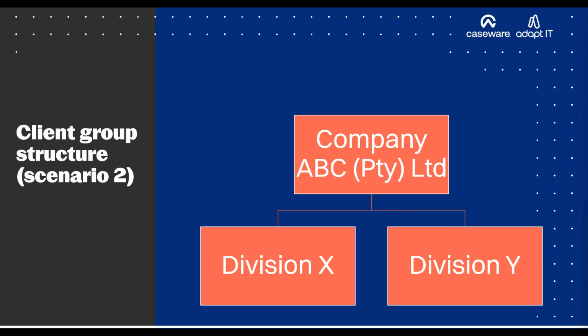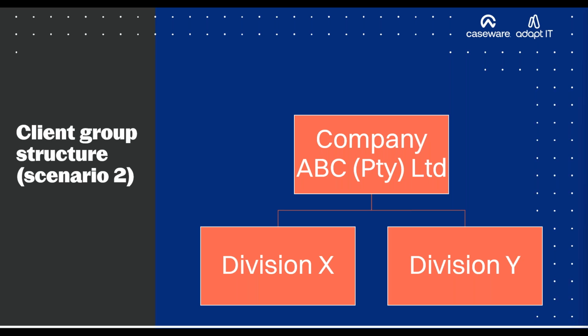Scenario 2 is where I have a company, in this case company ABC, Pty Limited, with 2 divisions. So the company's results are ultimately made up of the 2 divisions, and we keep this information separately. We can even call them branches, possibly, where they operate independently, separately from each other.